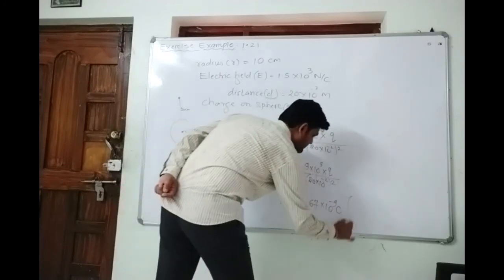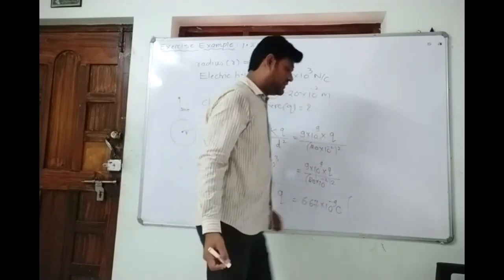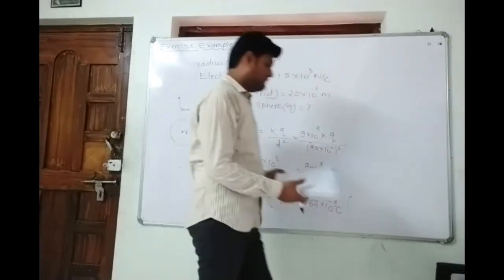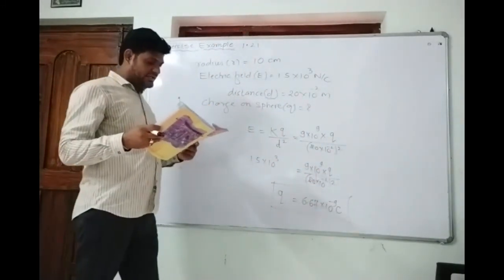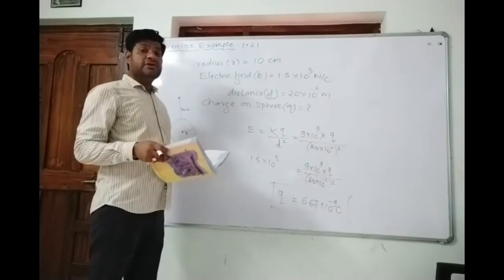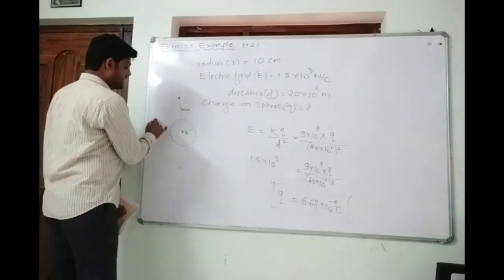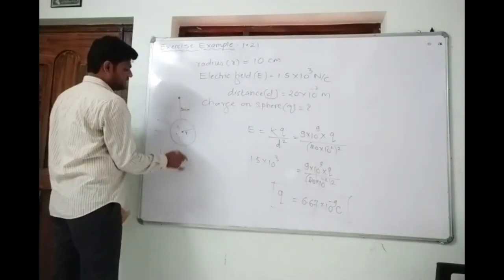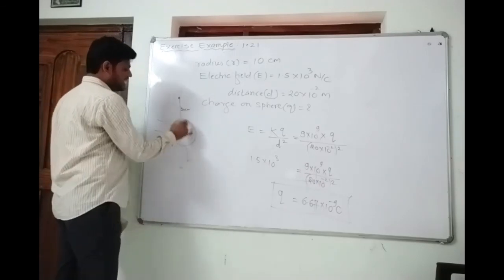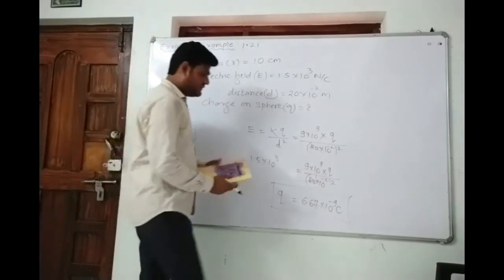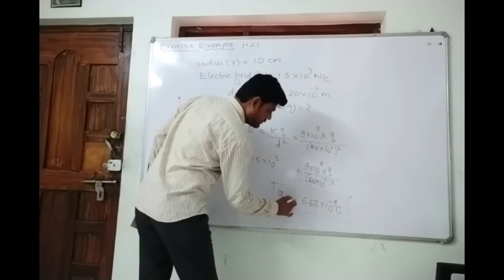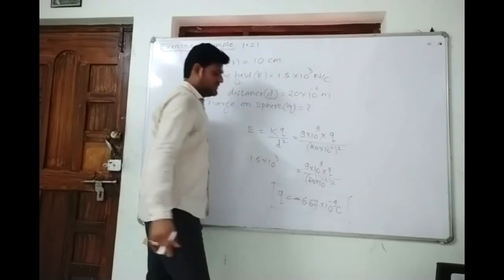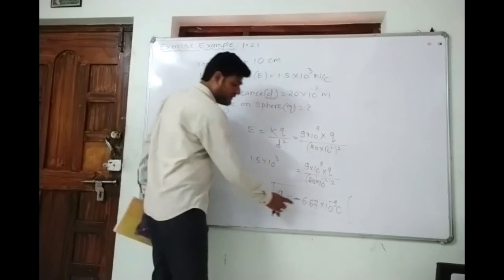And students, in the question it is given that the electric field lines are radially inward, which means negative charge is on the surface. So we write Q equal to minus 6.67 × 10^-9 coulomb. Why are we writing minus over here?